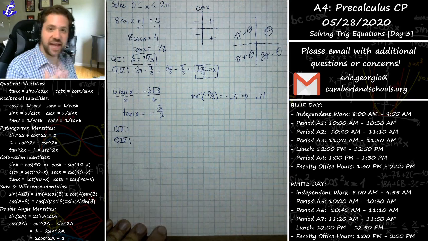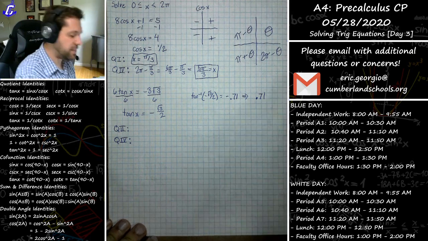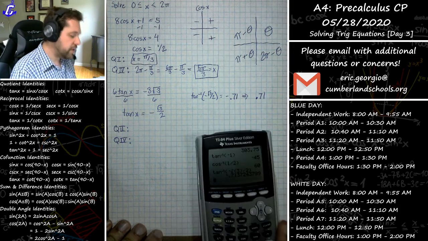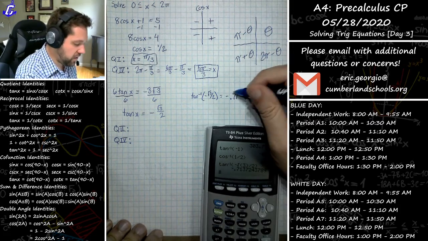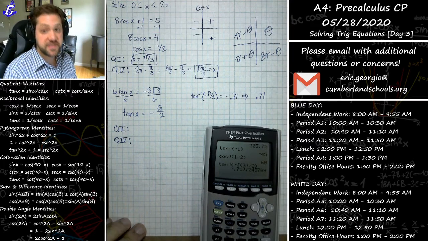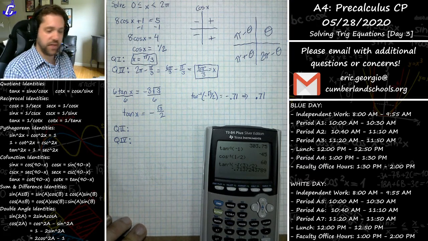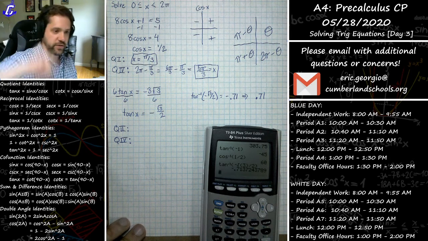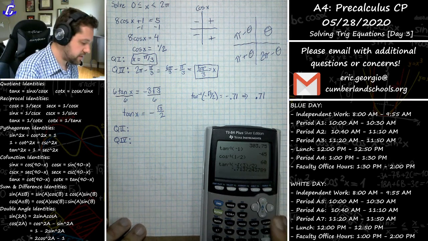That's going to have the same tangent value, just with an opposite sign. It's going to be positive, right? The reason why we know that this is in the fourth quadrant is because the tangent inverse function, like I showed that very first day, only operates in the fourth quadrant and first quadrant, just like the sine inverse function does.